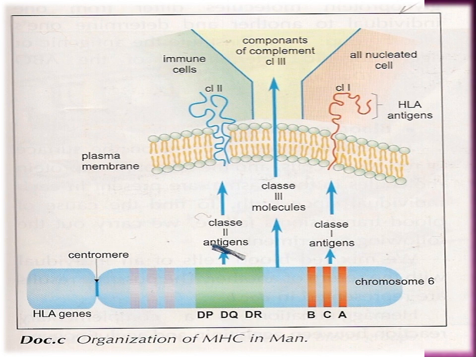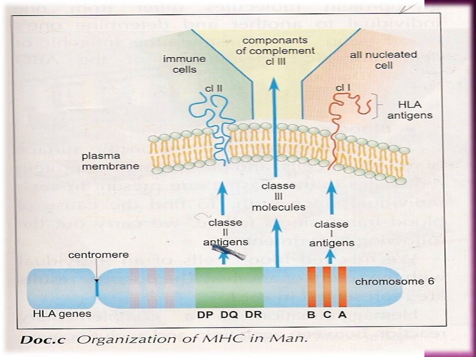Class 1 is present in all nucleated cells of the body. They represent the HLA antigens that are the self-markers which show the card for the immune system in order not to kill it. Okay.